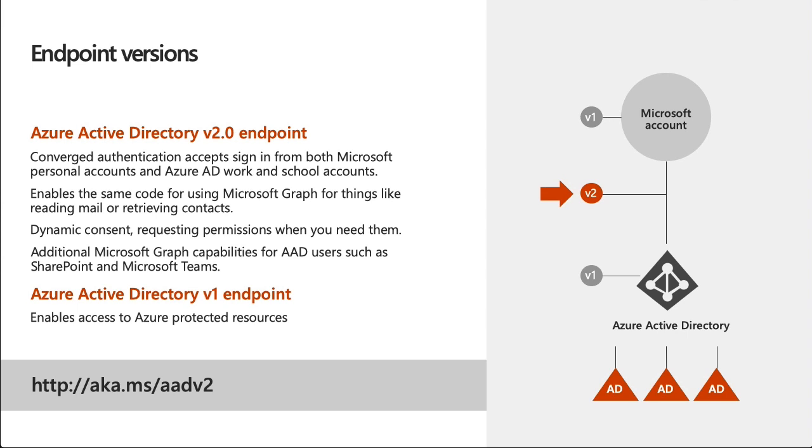Now, the next thing that's really important here is the dynamic consent. What's nice about this differs from V1, where we had static consent. Now every time you go to request an access token from Azure AD, you specify the permissions that you need for that access token.